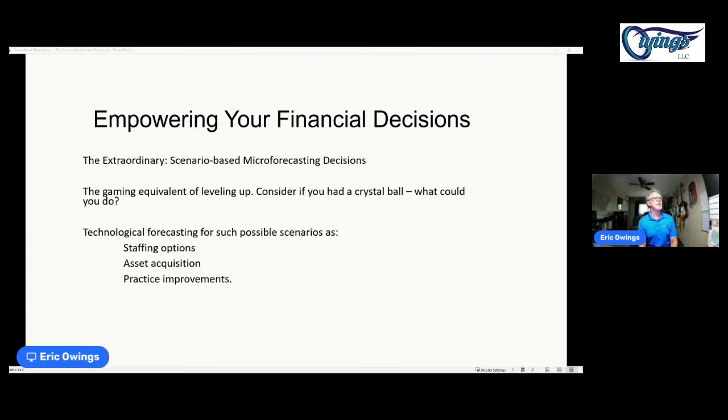Asset acquisition, this is a big one. You're most likely thinking as you grow that you're going to become more efficient. If you have better diagnostic equipment in-house, it's going to basically make you more efficient because you'll be able to provide answers to your people faster.